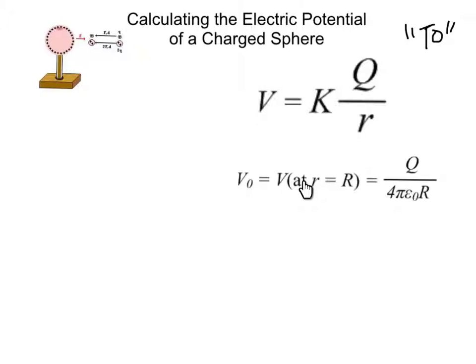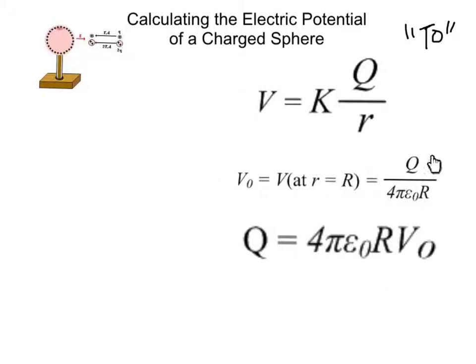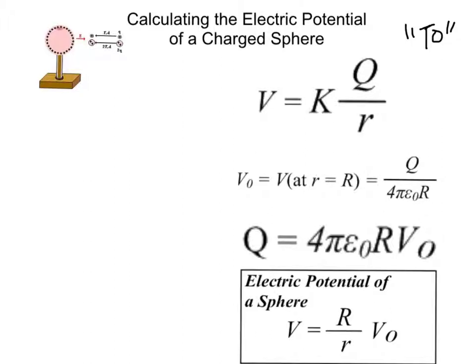So a sphere of radius R that is charged to a potential V naught has the total charge Q = 4πε₀RV₀. And if we substitute this expression for Q into this equation here, we get the electric potential of a sphere.